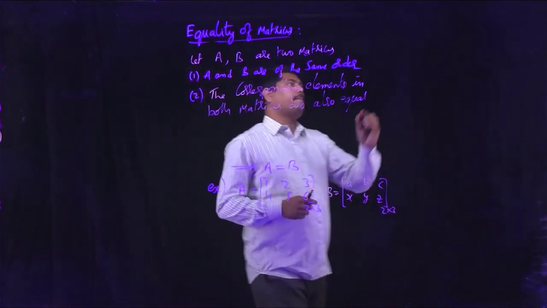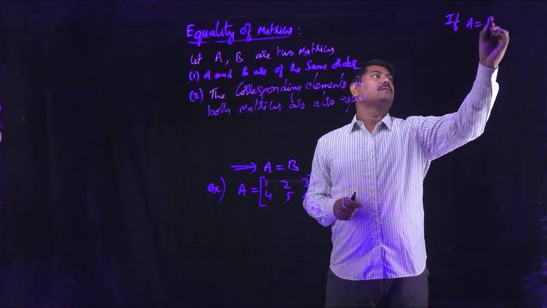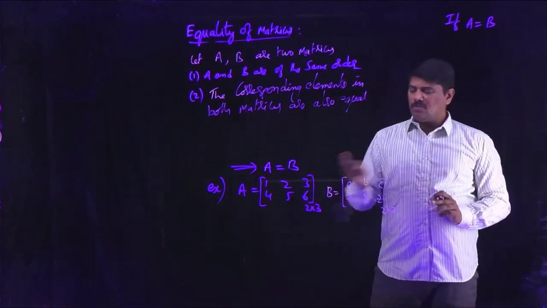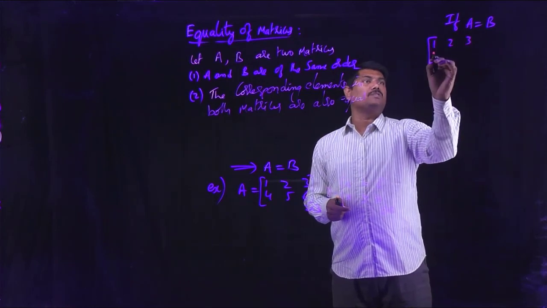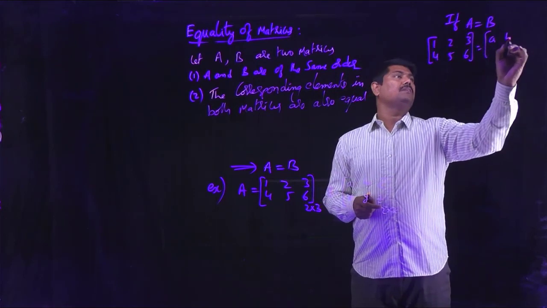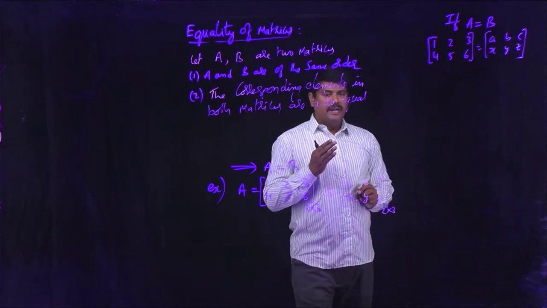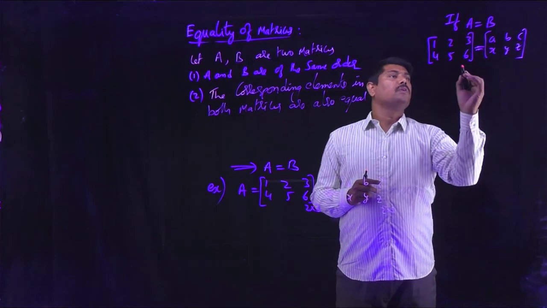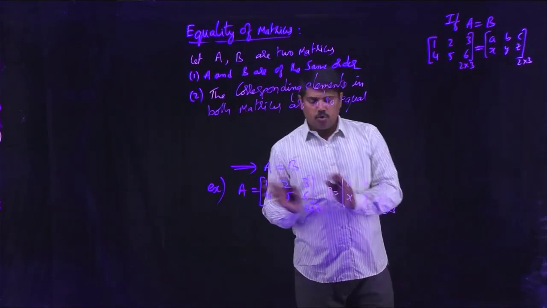If A is equal to B, both have to be equal. That means the elements 1, 2, 3, 4, 5, 6 are equivalent to a, b, c, x, y, z. While equating two matrices, both have to be of the same order. Here the order is okay, both are 2 by 3.